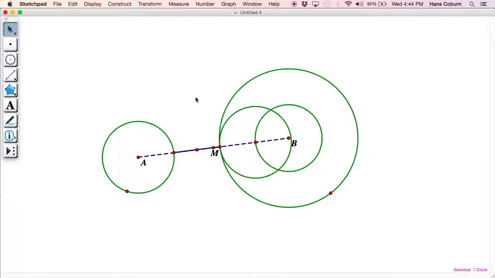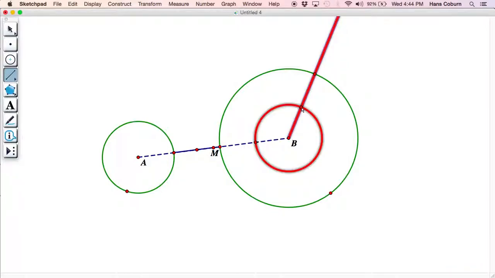So now let me hide this and show you what I did. Now this is just to measure, so you can see circle B. Now this is not circle B, this is circle B, and this is just a small circle cutting circle B inward, so that this distance right here is equal to the radius of A. So let me measure that.